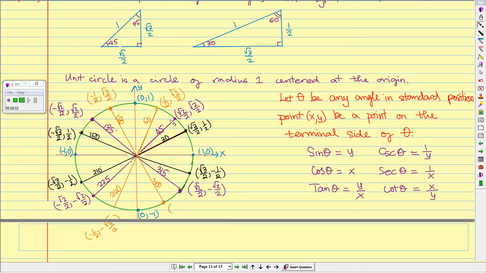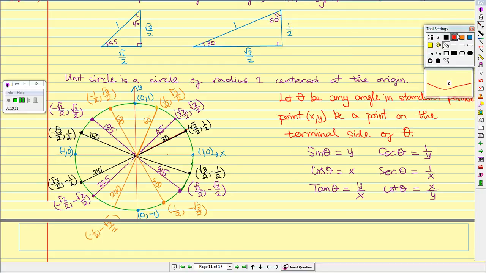And we are going to label the point. So again, in quadrant number 4, you reflect the point across the x-axis, so your x value stays the same, your y value becomes negative. So now we have all 4 points.